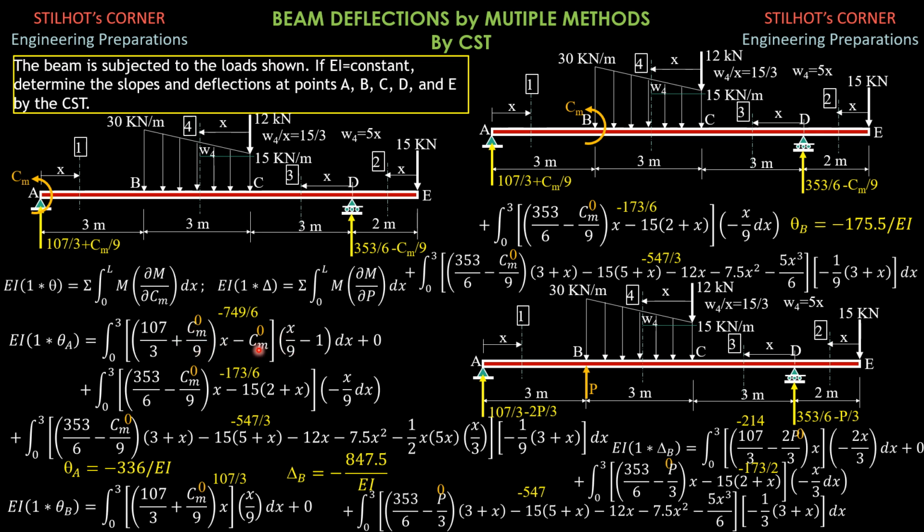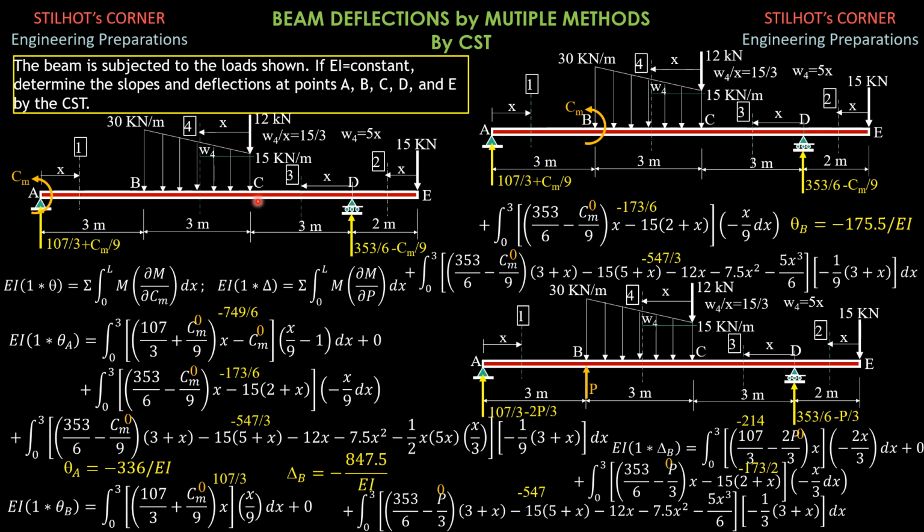Setting the value of C sub m to 0 prior to integration, limit 0 to 3, you get negative 749 over 6. Then for section 2, the moment is negative 15x, but the derivative is 0, so the integral is 0.